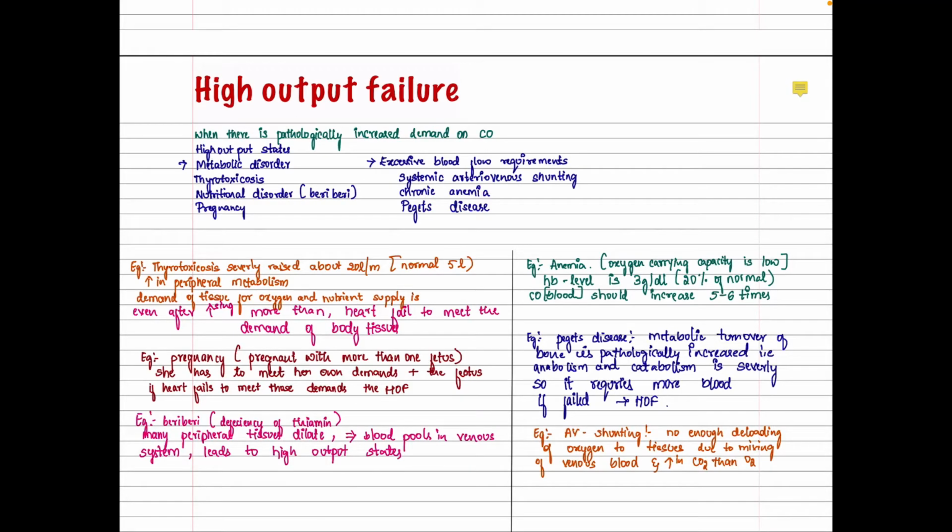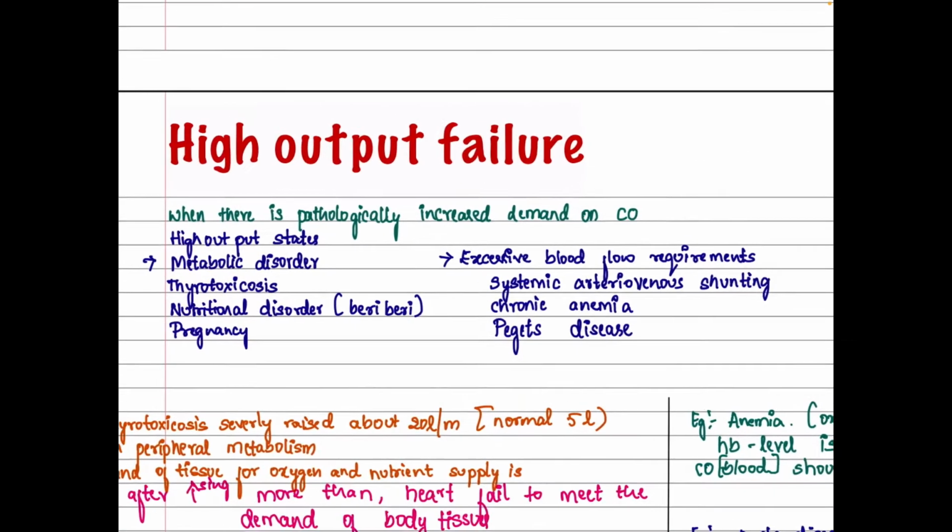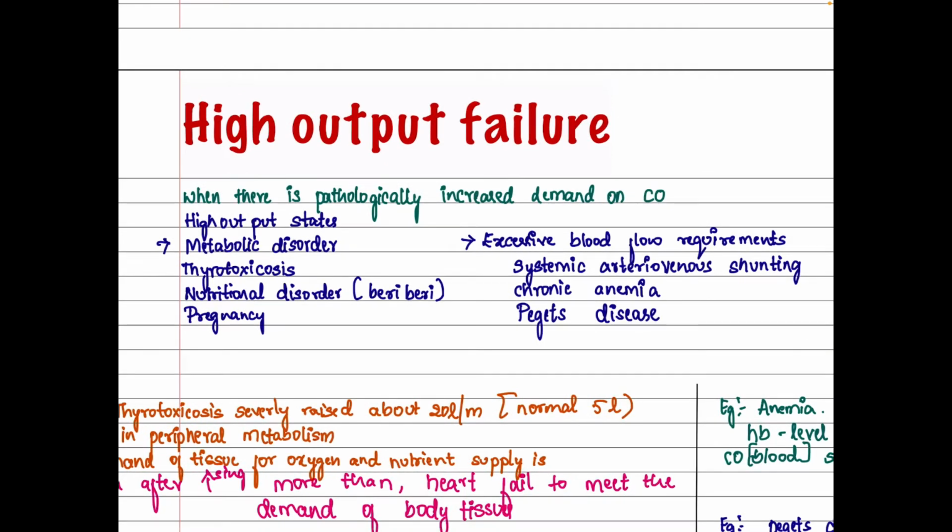Now let's see high output failure and low output failure. What is high output failure? As we know, cardiac output is about 5 liters, but this is not enough for the body tissues. Here there is a pathologically increased demand on cardiac output.